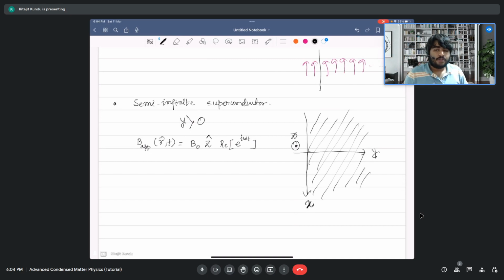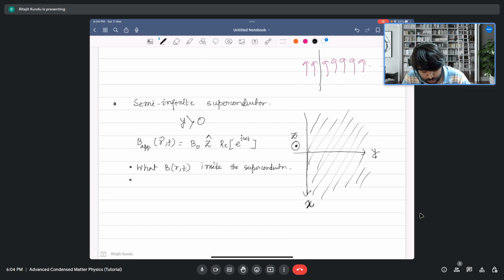Now the question that I am asking is the following. What is the magnetic field inside the superconductor? And if there is a magnetic field, Maxwell's equations tell us there should be current.